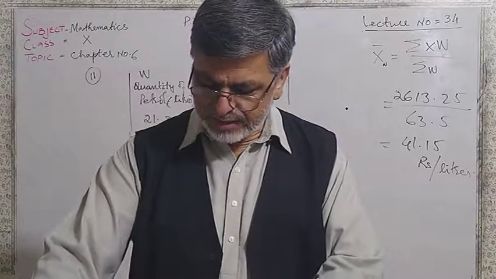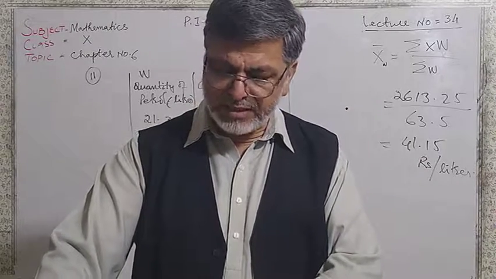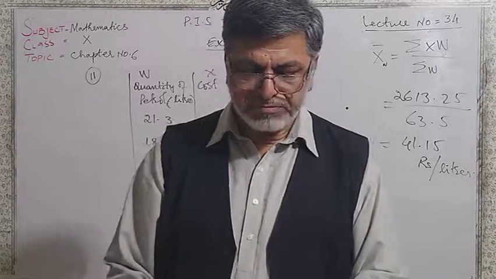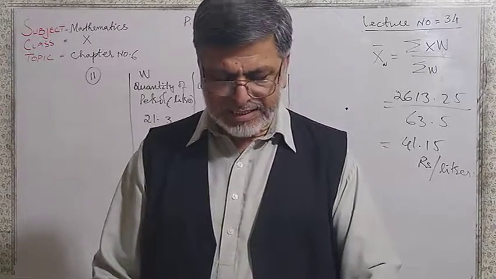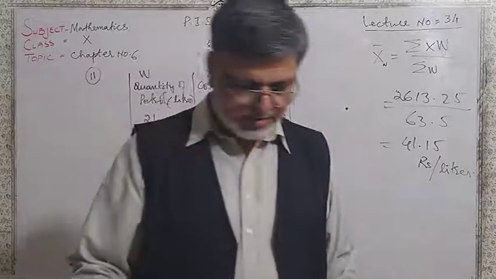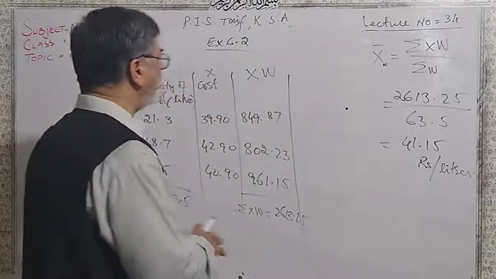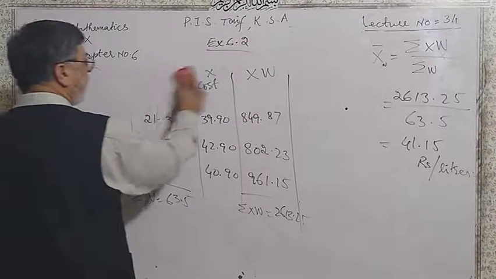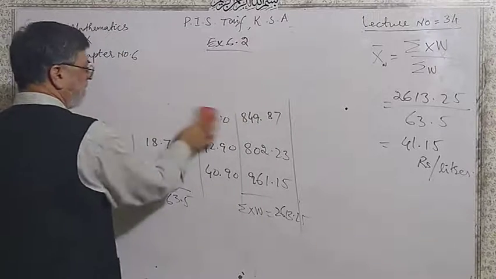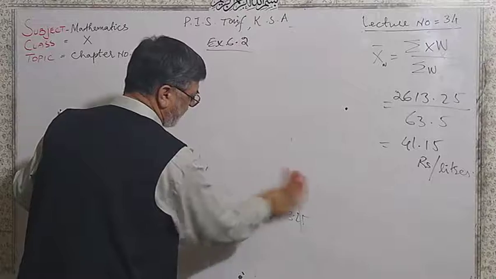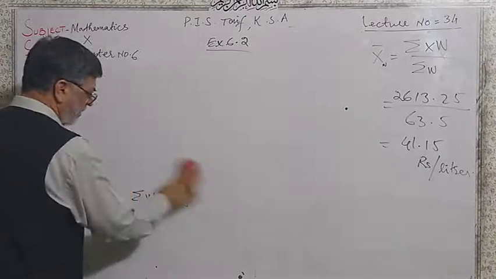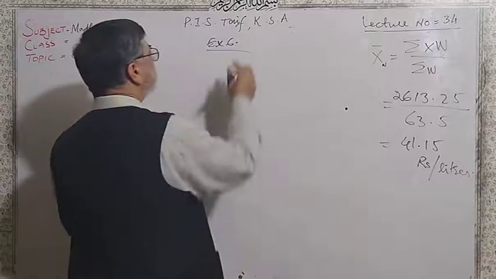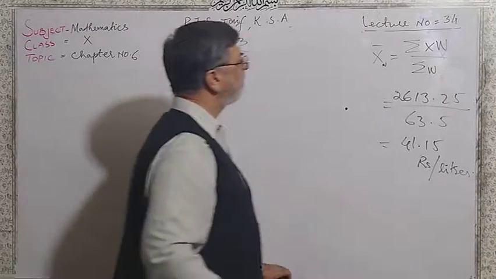Dear students, after that we are going to start our next exercise. In case of next exercise, first of all, I have to write down the formulas involved in exercise 6.3.